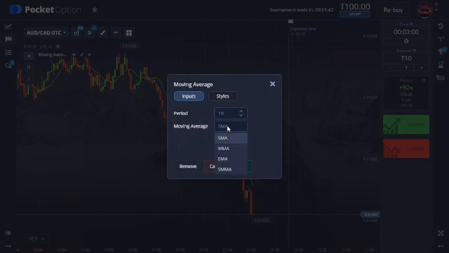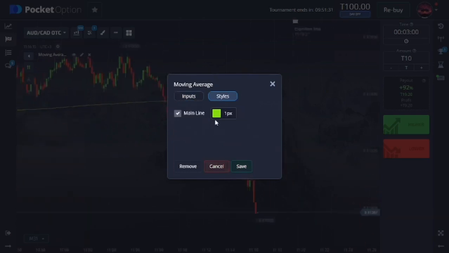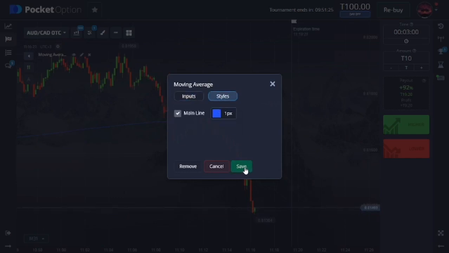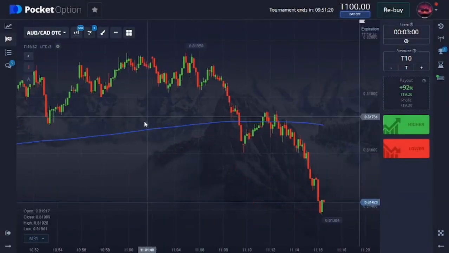The moving average, we will put it on SMA and to the maximum value. The style, I will put it on blue. You can change it to whatever you want, and increase the thickness a little bit to see it clearly.